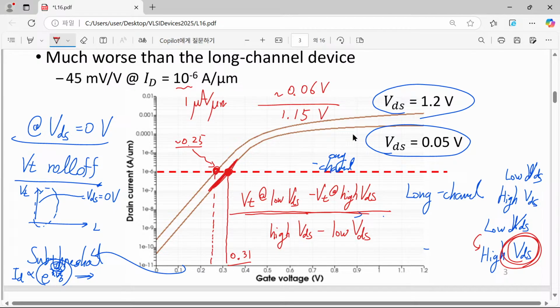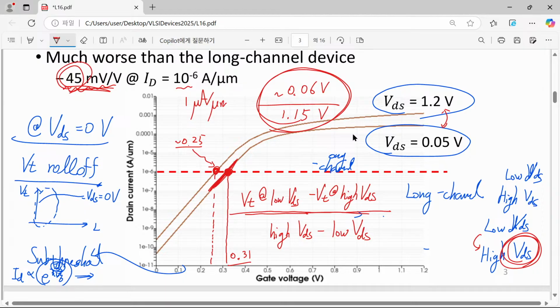Now you understand the difference between these two numbers. So we just calculate their difference to quantify this DIBL value. The value is not exactly matched, but please believe this value. When I draw these graphs, I just measure the exact value and calculate it.